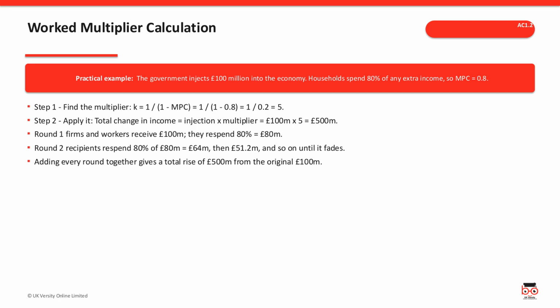So the total rise in income is 100 million times 5, that's £500 million. The first round of firms and workers get the 100 million and respend 80 of it. The next round respends 64, then 51, and so on. All those rounds adding up to 500 million from the original 100.